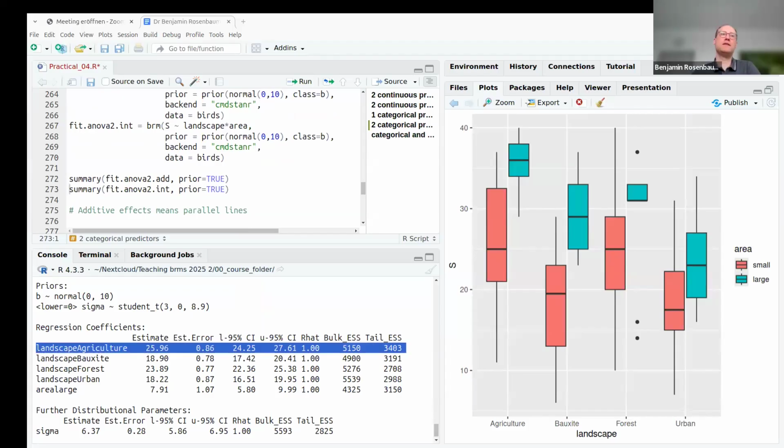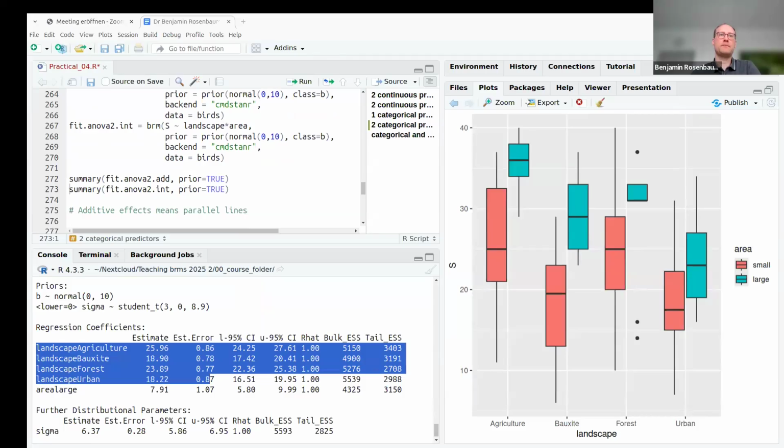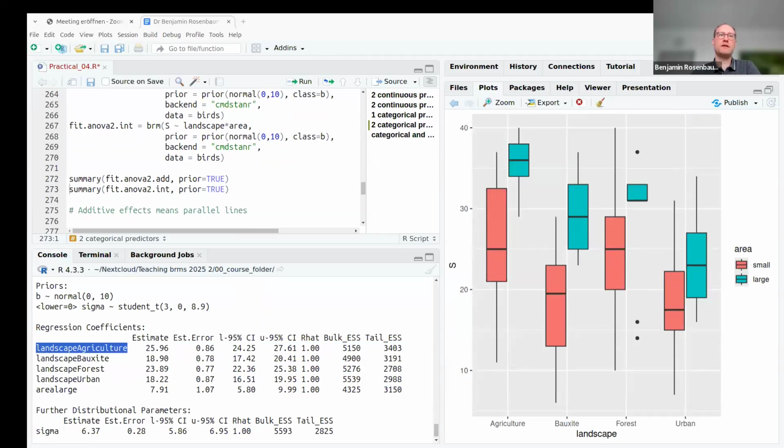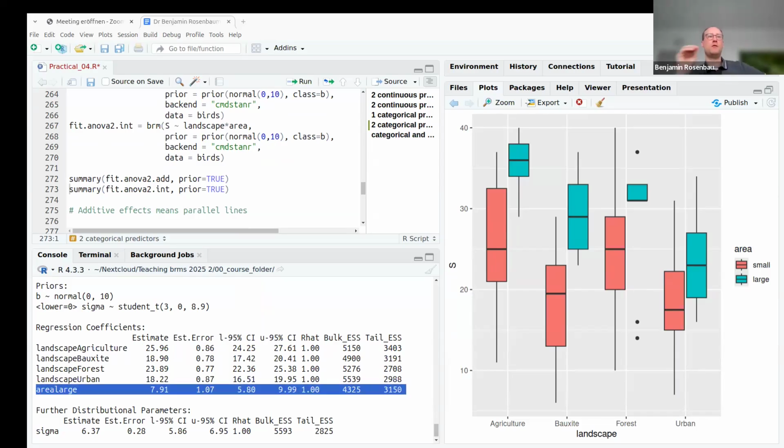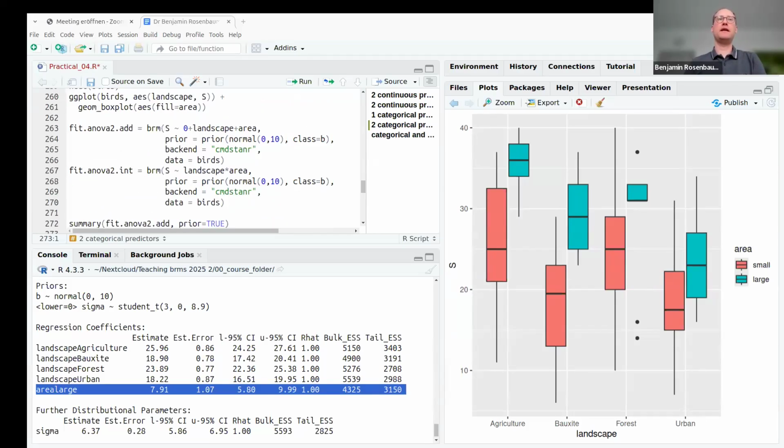Okay, so it used effect coding for the first one, so you get the actual levels or intercepts for all the different landscape levels, but at area equals small, and then there's dummy coding for the area. Okay. Still, there's some dummy coding for area involved. You cannot get rid of this in this additive model.